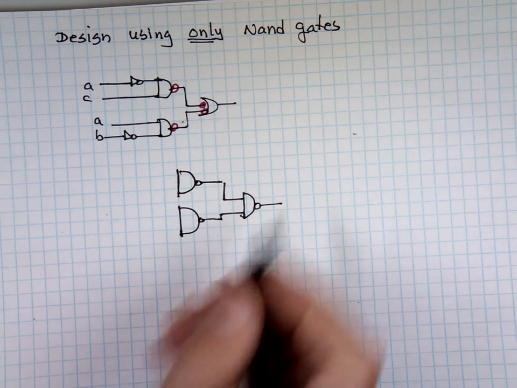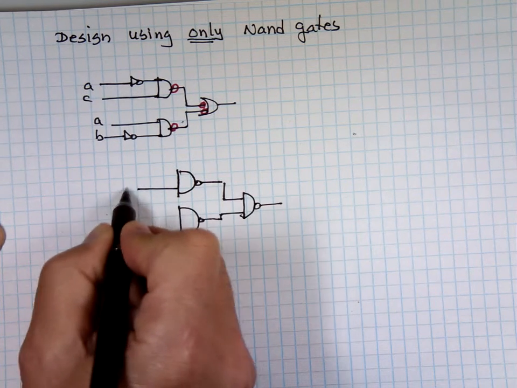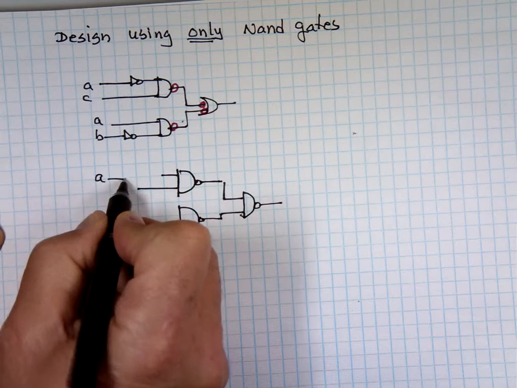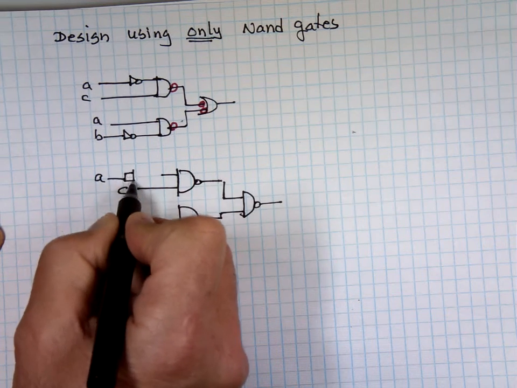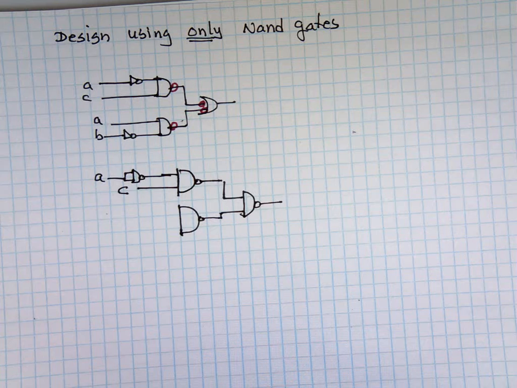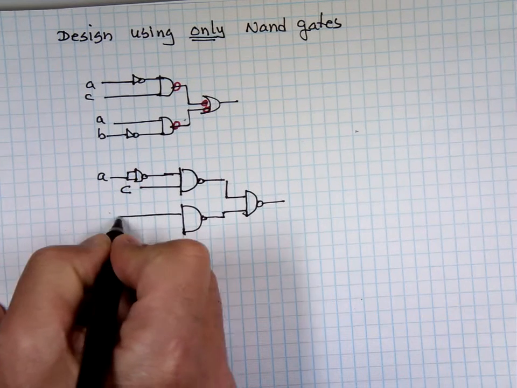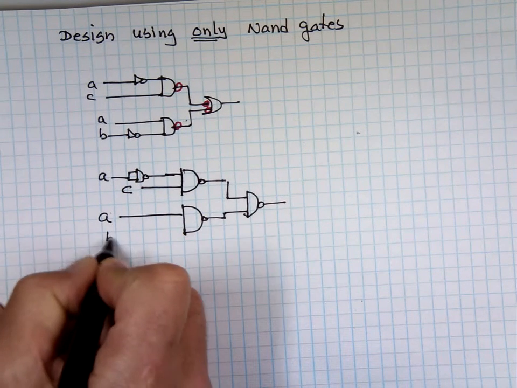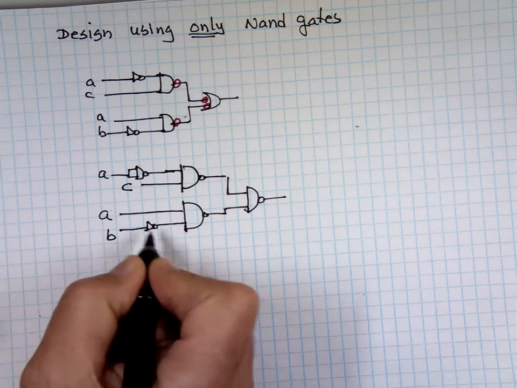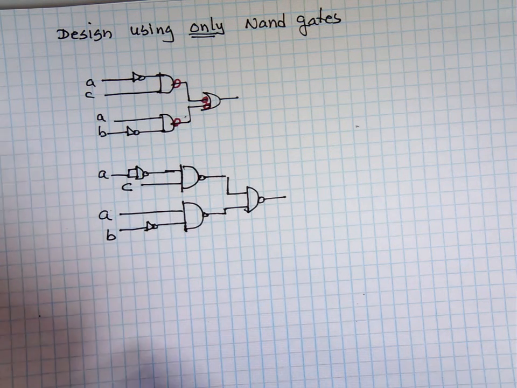This is what? C. I go, I don't want to use a NOT gate. Make a NAND gate, convert that to be a NOT gate. Yep, that's a NOT gate. Now, I want to use a NAND, right? We said.